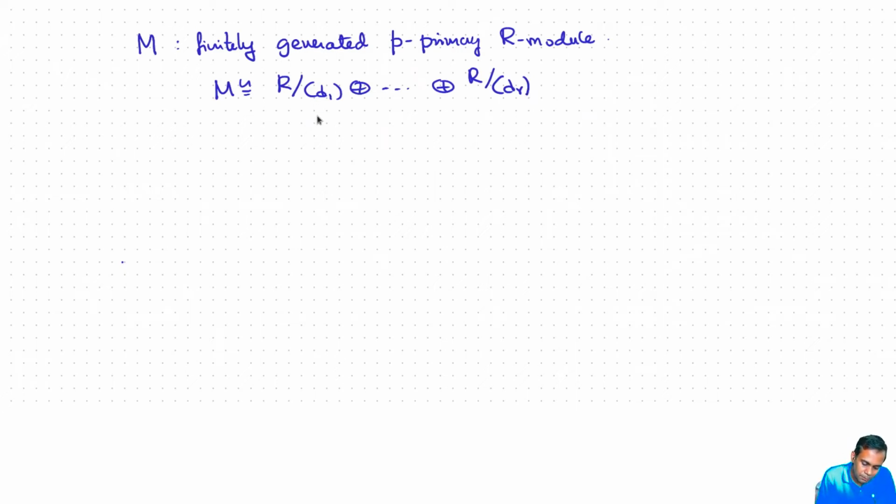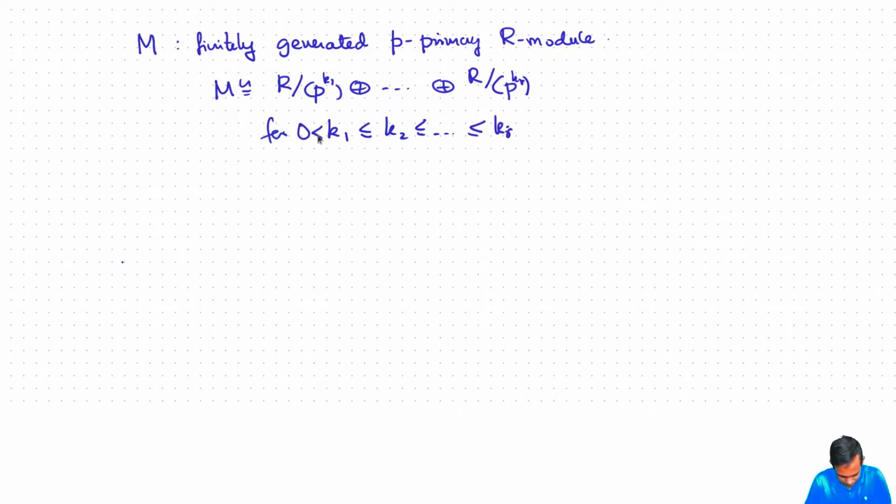But because it's P primary, these are just powers of P. We can say it's R mod P to the k1 plus through P to the kr, and the divisibility condition says that k1 is less than or equal to k2, and so on up to kr, where of course k1 has to be strictly positive.